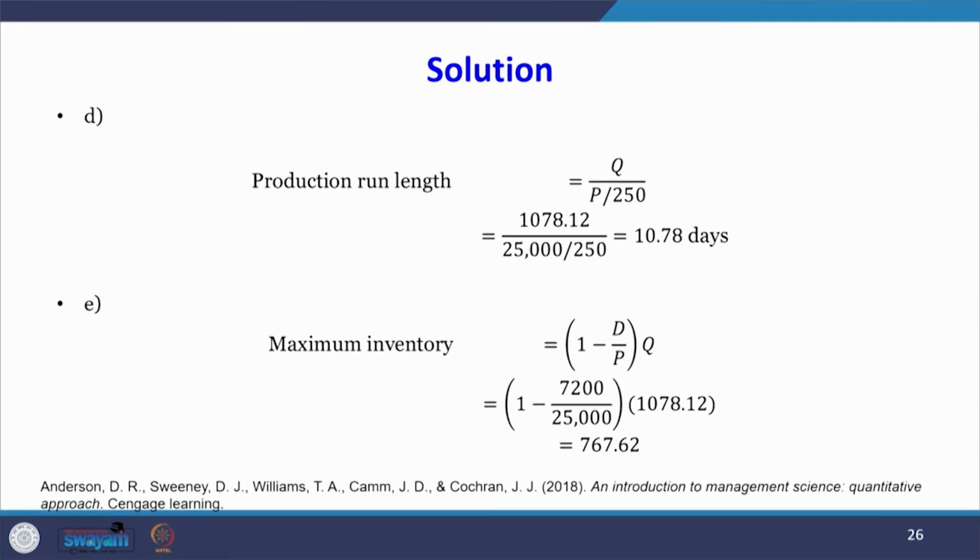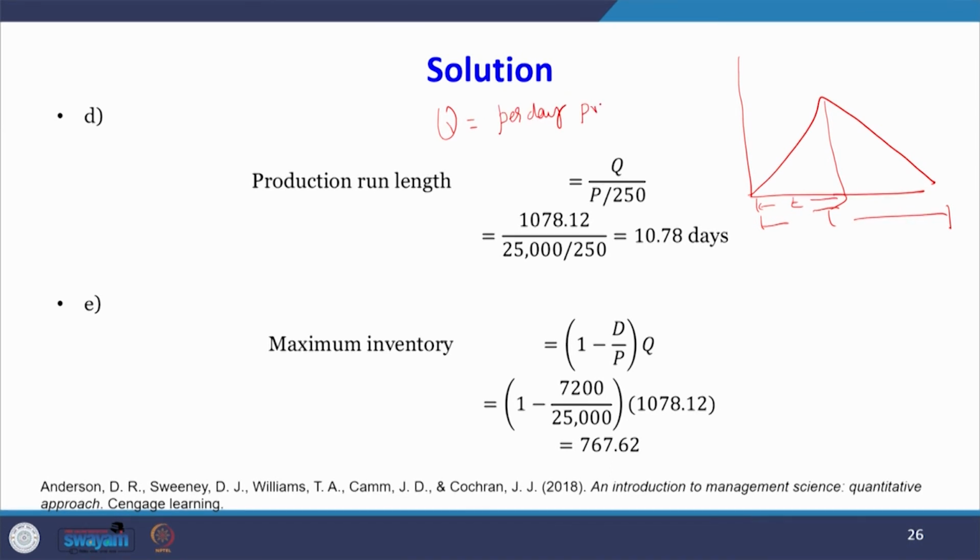Then the production run length. You see the cycle time is this much distance, say capital T. In this, the small t is this much distance where the production run is taking place, that is the production run length. How do we find the production run length? We already derived an expression Q equal to per day production multiplied by small t.